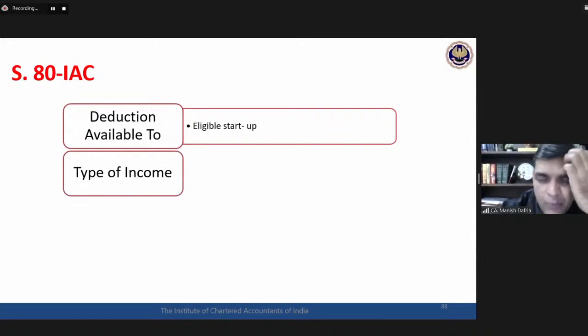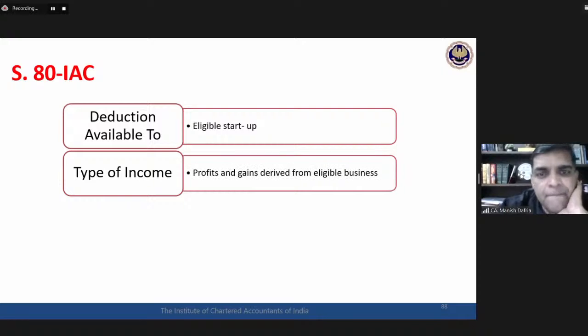Now, what is the income for which I can claim this deduction? If my assessee is an eligible startup, profits derived from the eligible business would be eligible for exemption. Whatever profits the startup is deriving from eligible business shall be entitled for deduction.